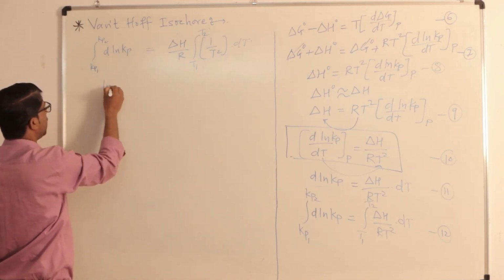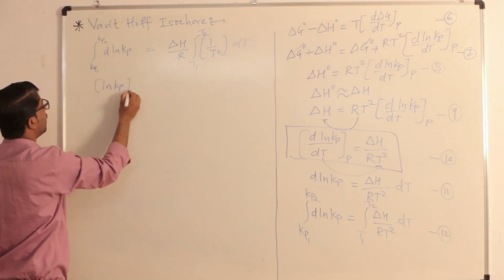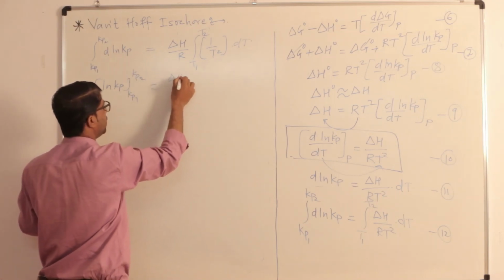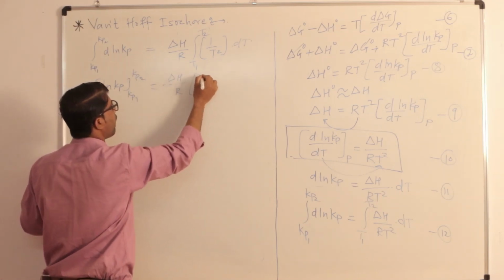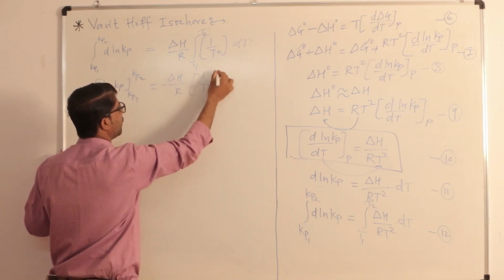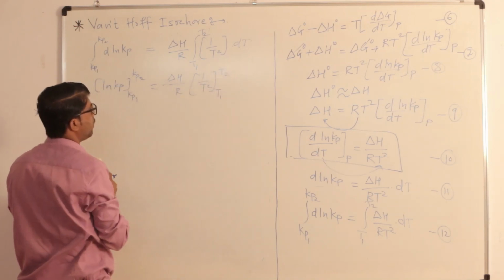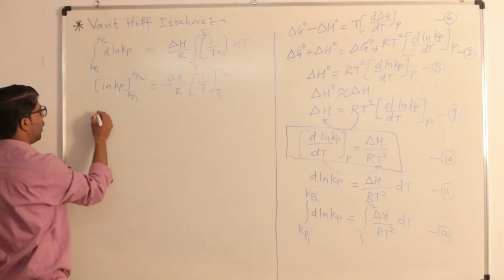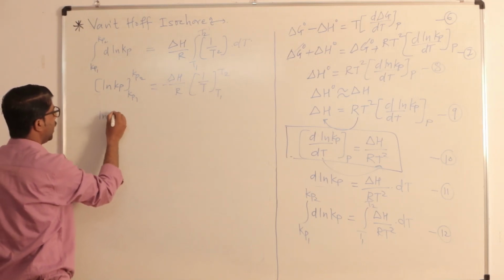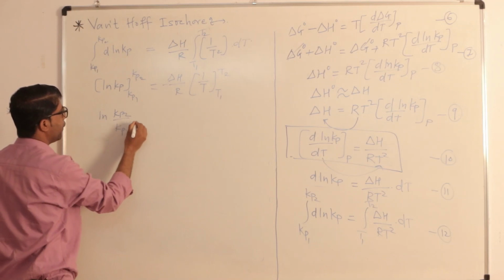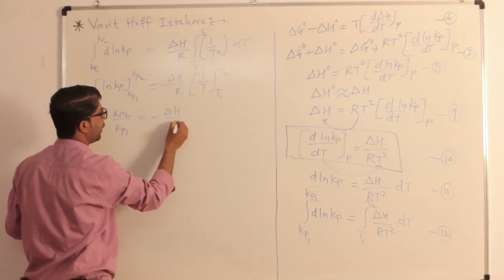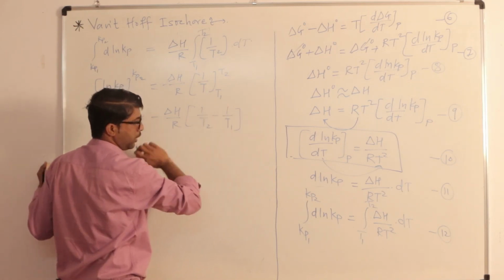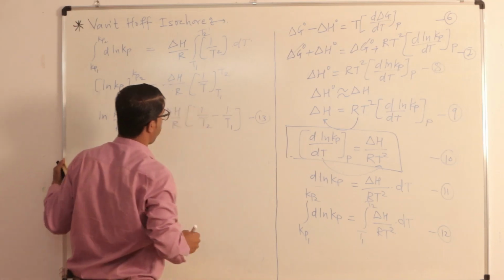So if you solve this, ln of Kp with limits Kp1 to Kp2 on this side, and on this side it is as it is minus 1 upon T with limits T1 to T2. This gives ln of Kp2 upon Kp1, which is equal to minus delta H upon R times 1 upon T2 minus 1 upon T1. Okay, let's say it is equation number 13.